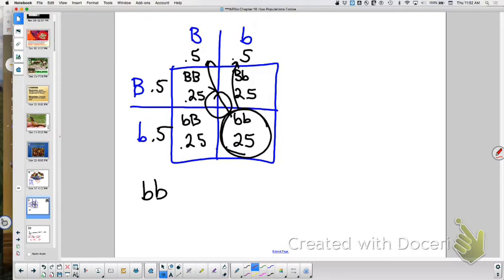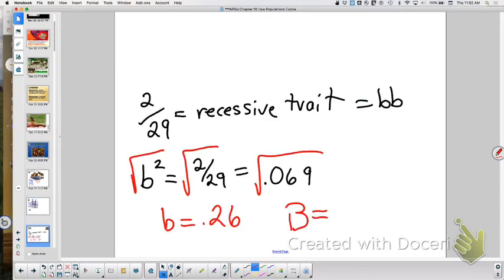Okay? So now, here we are. If we're not little b, we're big B. So what is 1 minus 0.26? 0.74. Exactly. Now I know what's in our gene pool. I'm predicting what's in our gene pool in this population of period 3.